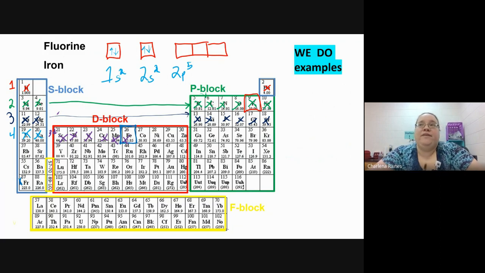So we've got a hotel room with 3 beds and there are 5 children. Child number 1 is going to go into the bed all by itself. Child number 2 is going to go into a bed all by itself. Child number 3 is going to go to a bed all by itself. Electrons spread out before they pair up. This is Hund's rule.